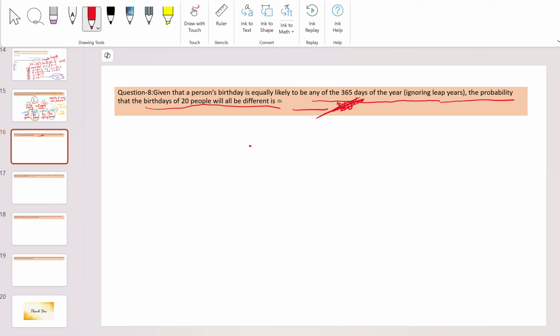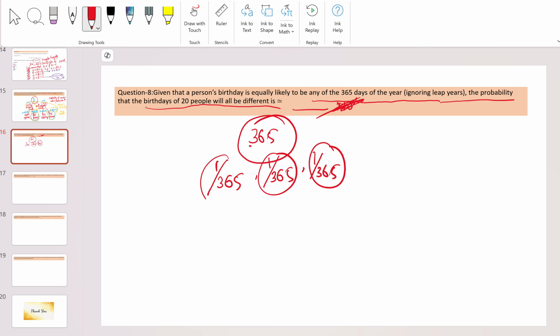Okay. When you read the problem, it is saying that there are 365 days, and each is equally likely to be a birthday. So the probability is 1 divided by 365 for each particular date, and the probability is actually the same.